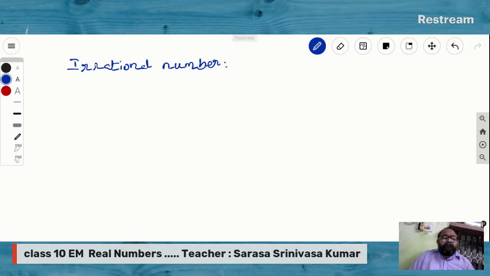If a real number cannot be expressed in the form of p by q, where q is not equal to 0 and p and q are integers, then we say that such numbers are irrational numbers. In other words, if a number is not a rational number and it is a real number, such real numbers are said to be irrational numbers.